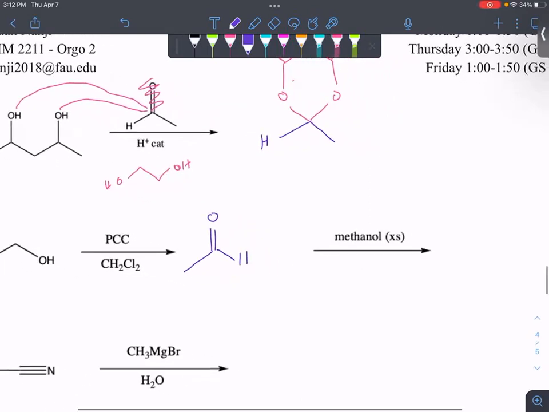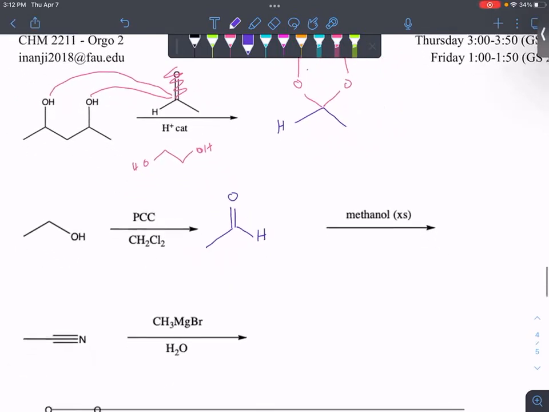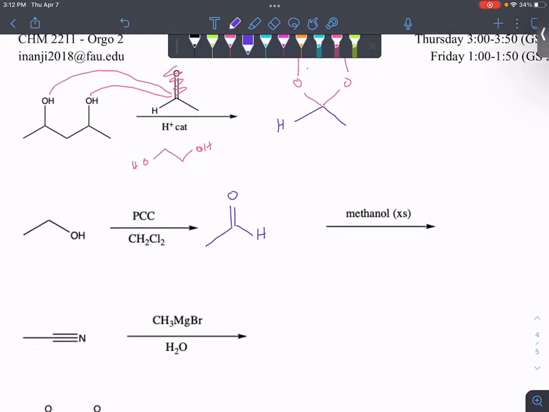So after you get your aldehyde, you're giving it excess methanol. So what happens now? So alcohol plus a carbonyl. You just add the alcohol onto the carbonyl carbon, you get an acetal, ketal, whichever one.